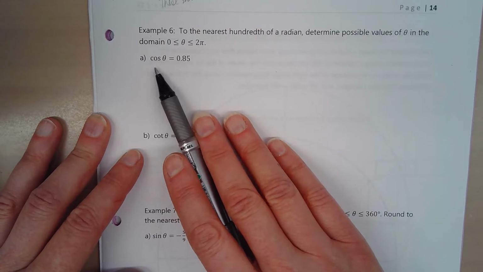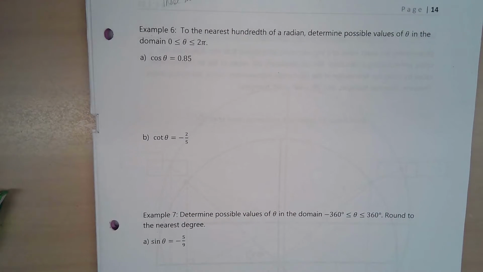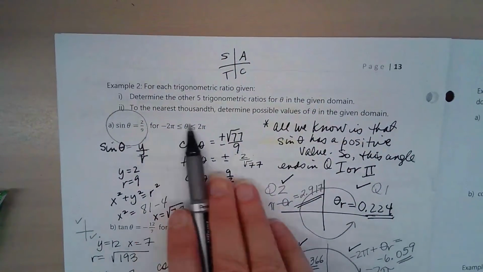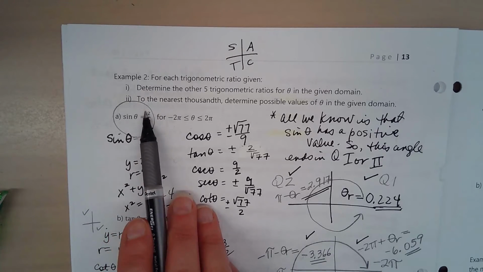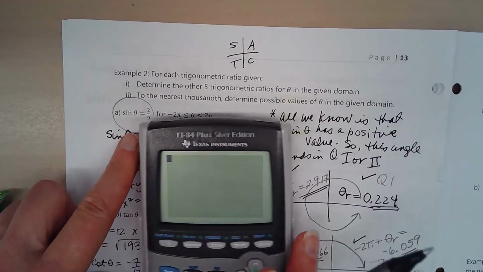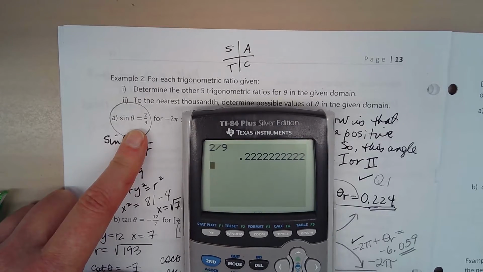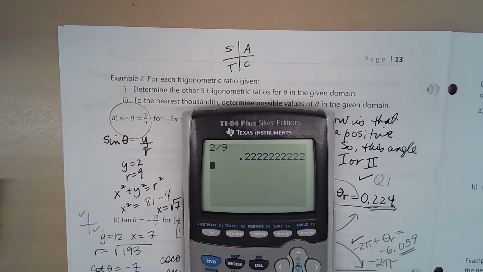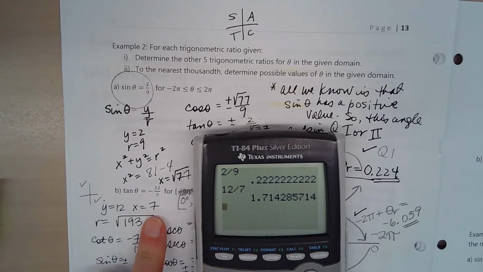If it gives you cos of theta equals 0.85, this is exactly what we were just doing, if you think about it. This is the second part of this. You were given a tan of theta equals a ratio, find theta. Sine of theta equals a ratio, find theta. But the 2/9, for example, here, when I do my division, it ends up just being a decimal number anyway. The 12 divided by 7 here, it's just a decimal number.